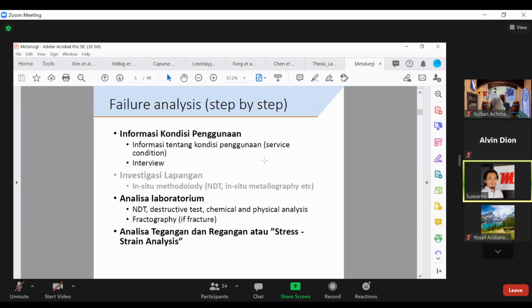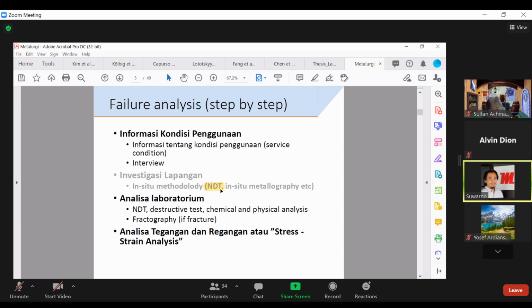The third is that you would like to know, if you have found a failure in some component, what is the reason for that. We call it root cause analysis or failure analysis. You need field investigation as the second part of this. So you have at least 4 steps, and the second step involves non-destructive testing.